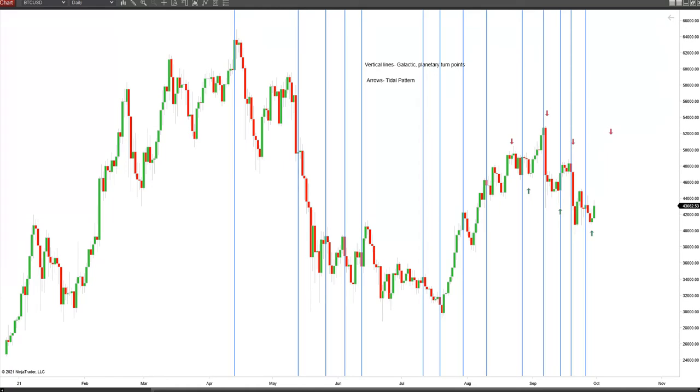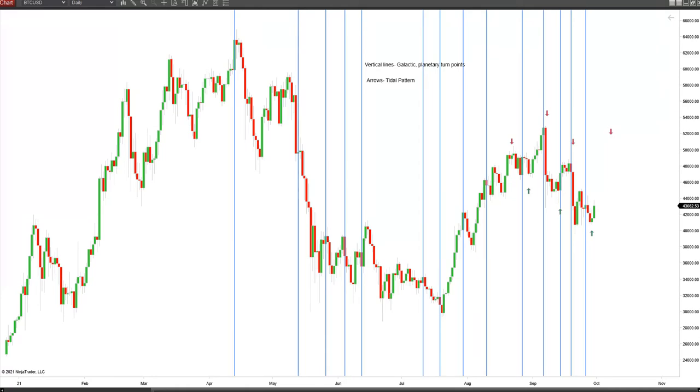So what I have here on this chart, the blue vertical lines are the astronomical or the galactic triggers that we look at, along with some other astrological phenomena that we use. So they're kind of merged together and marked out with the blue lines.